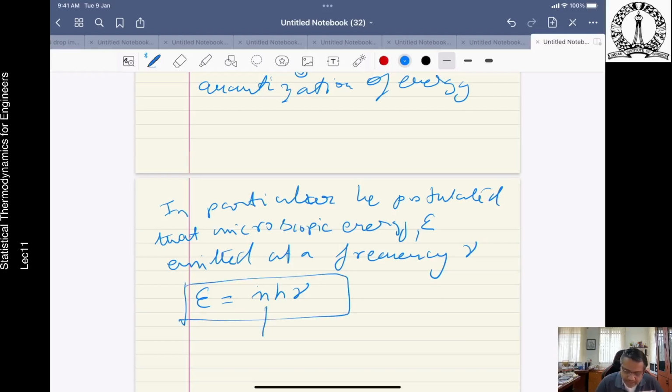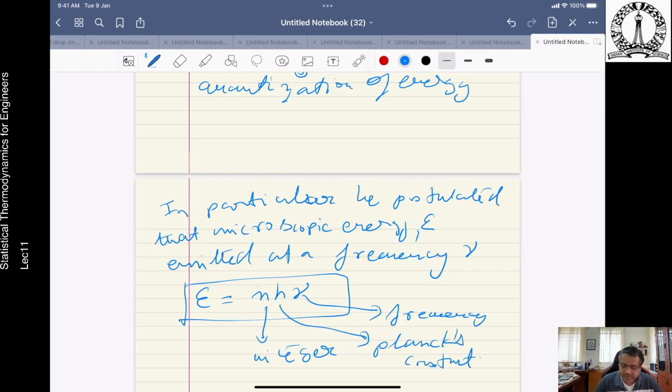So n is basically an integer. As you can see, there is no n of 1.5 or 1.125, stuff like that. This is nothing but a frequency, and this is called the Planck's constant.